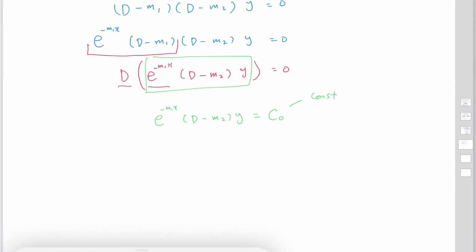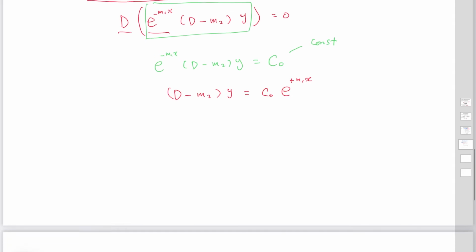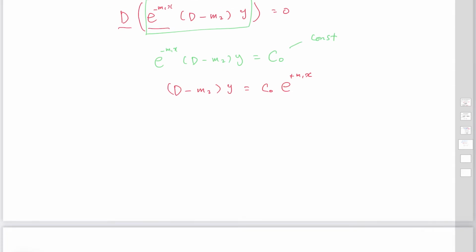So we can express this equation as (D minus m2) y equals c0 e^(m1 x), by multiplying both sides by e^(m1 x). Then we multiply both sides by e^(minus m2 x). Then e^(minus m2 x)(D minus m2) y equals c0 e^((m1 minus m2) x).